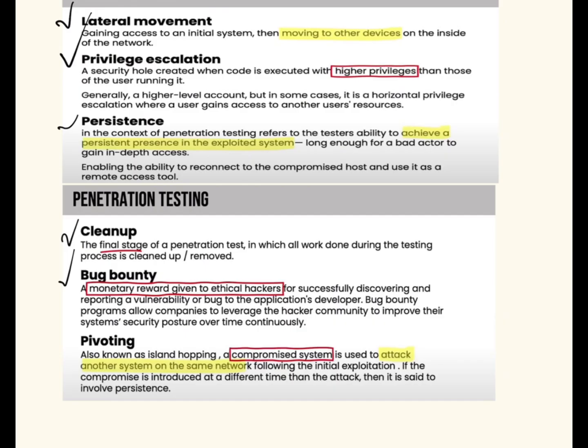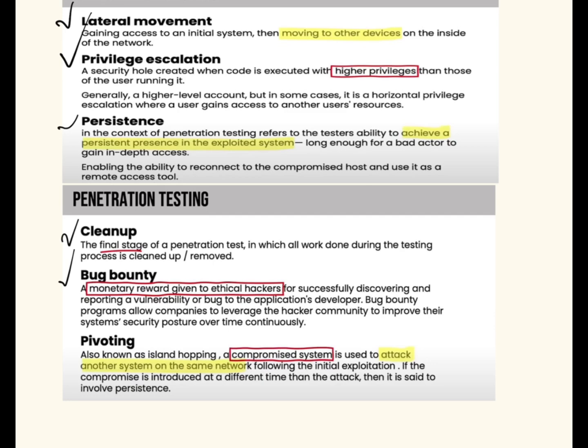The last topic is pivoting. Pivoting means using a compromised system as a stepping stone to attack other systems on the same network. The goal is to move deeper into the environment to access more valuable or sensitive targets. For example, a hacker compromises a low-security printer server and then pivots to the HR or finance server.